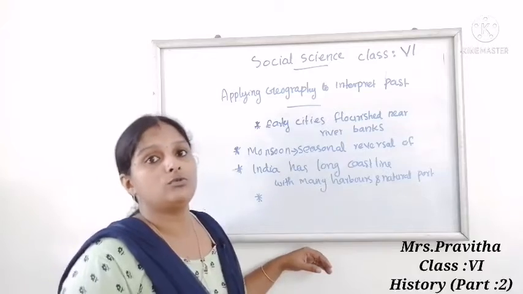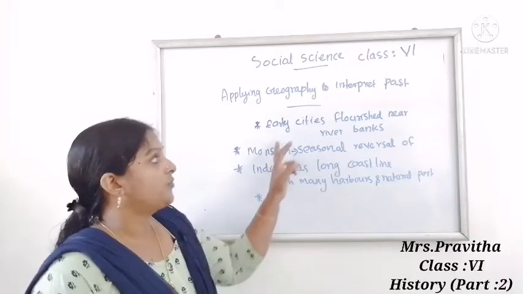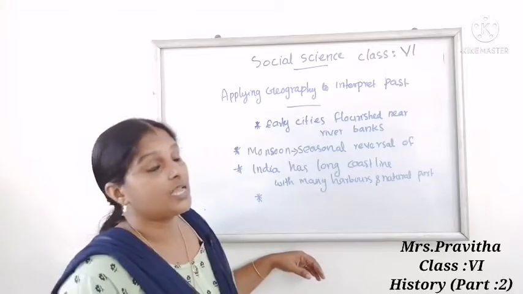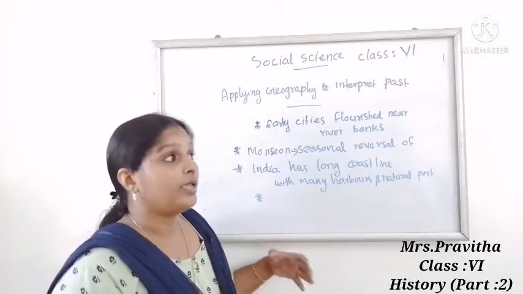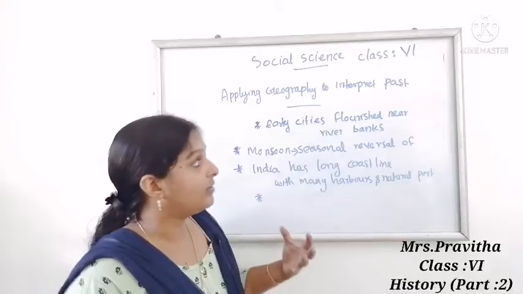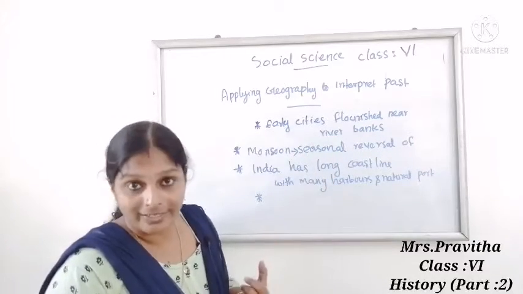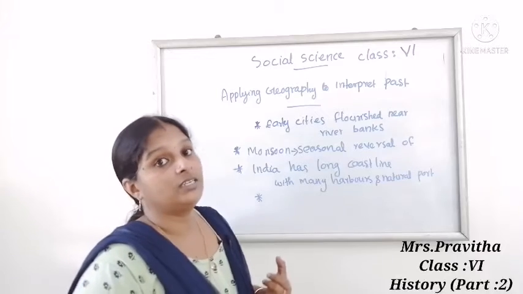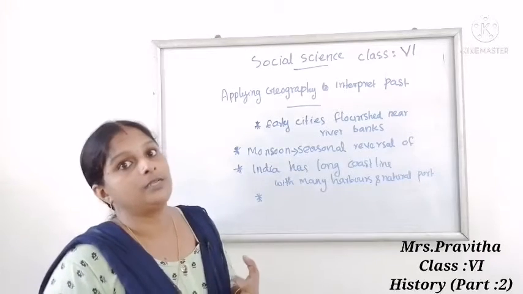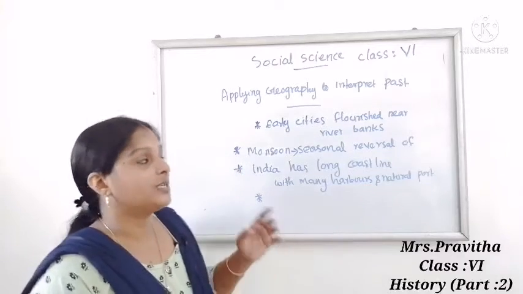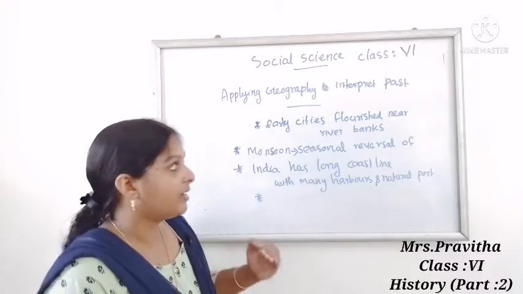First one, ma'am told early cities flourished near the river valleys or river banks. Why? Because of many reasons: water availability, soil fertility, agricultural possibility, suitable climatic conditions. So all the cities developed near the river banks.